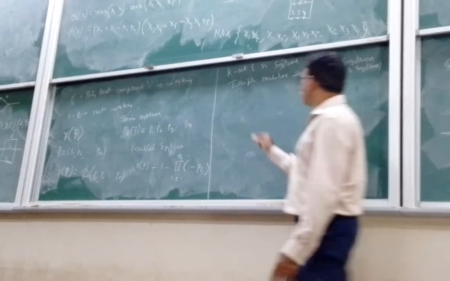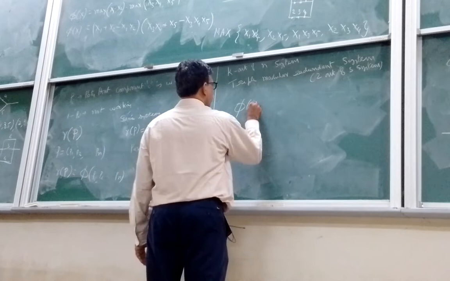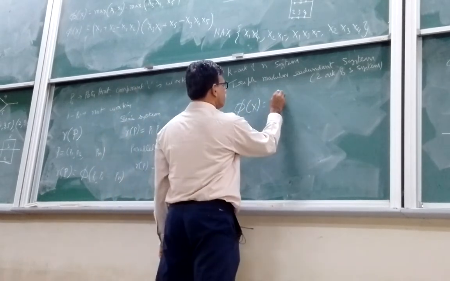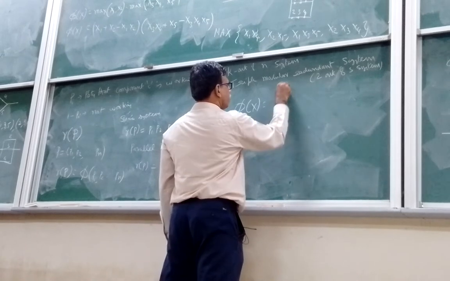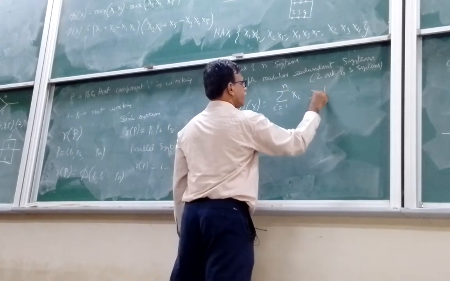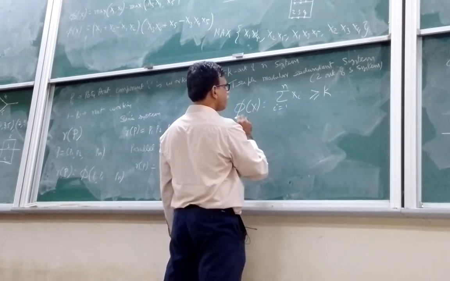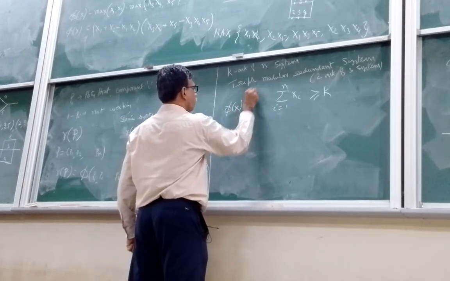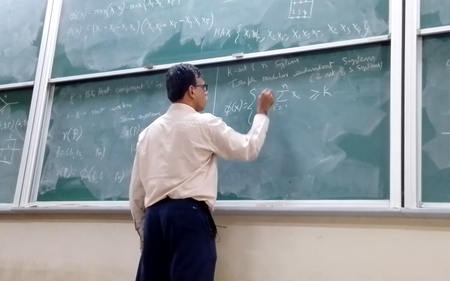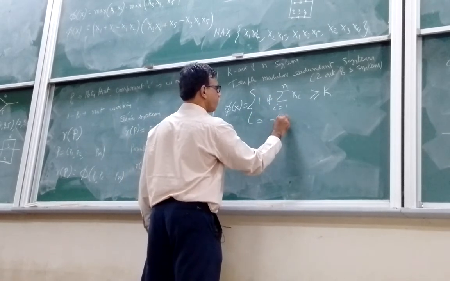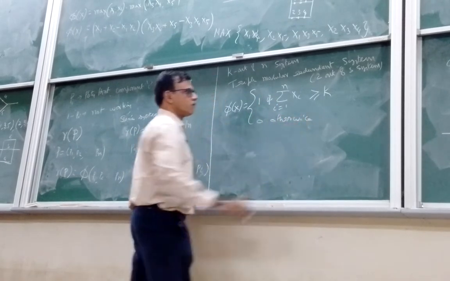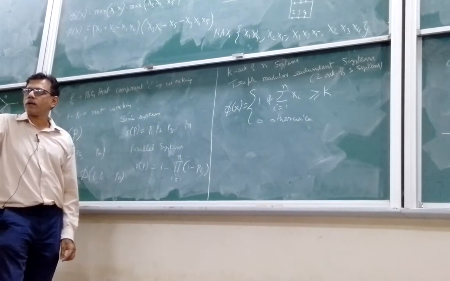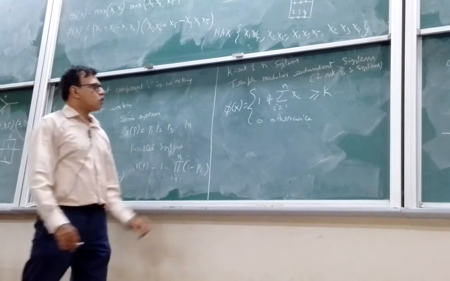So how do we write the structure function of this one? For k out of n, it is 1 otherwise 0.